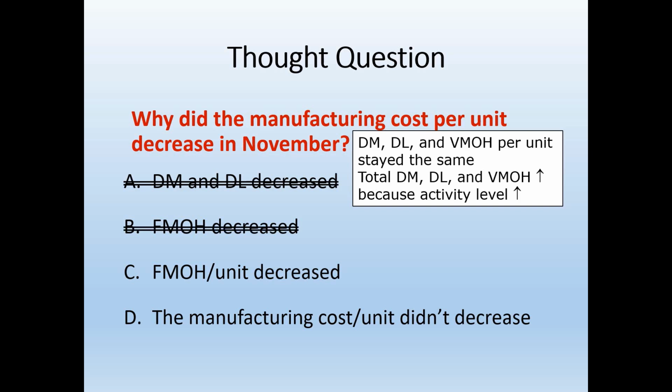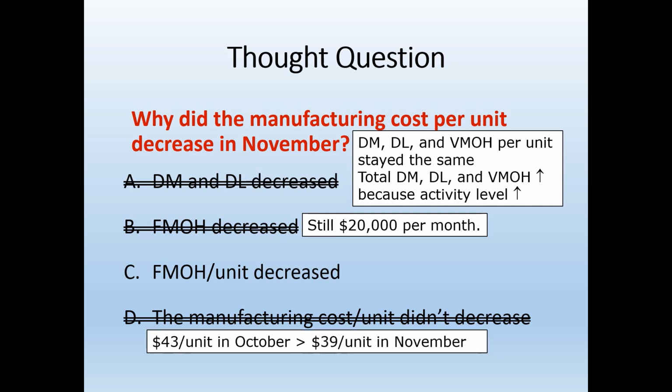B can't be the right answer either, because the fixed manufacturing overhead was $20,000 in each month. And D can't be the right answer.